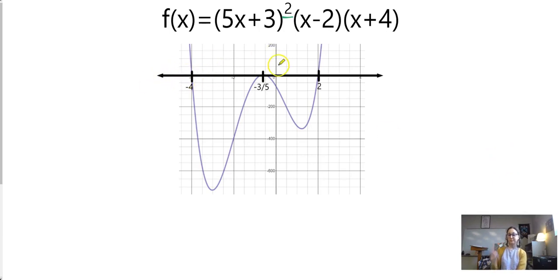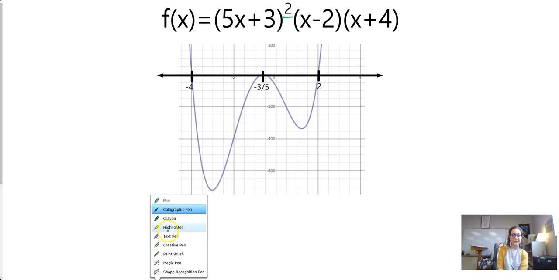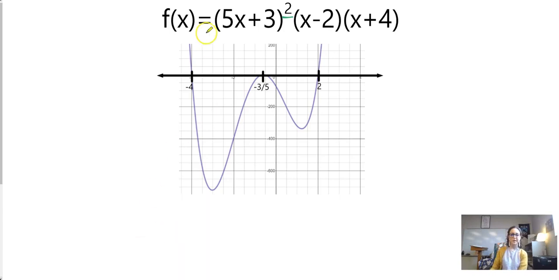We have 3 x-intercepts, so we have 4 intervals to check. Let's take a look at the first interval, going from negative infinity to negative 4. I am looking at this section right here. Are those y values all positive or negative? All those y values are positive. You're sitting above the x-axis, so positive y values here.